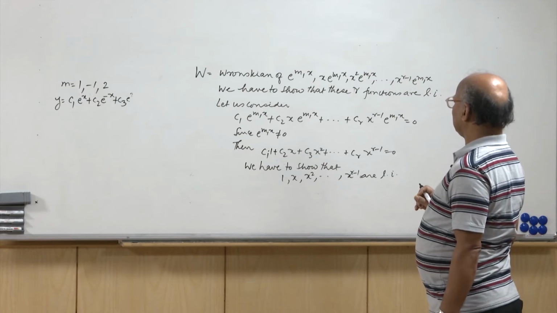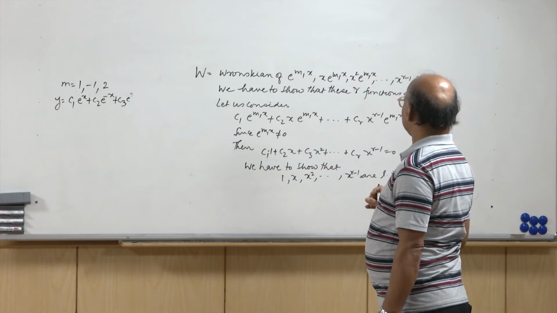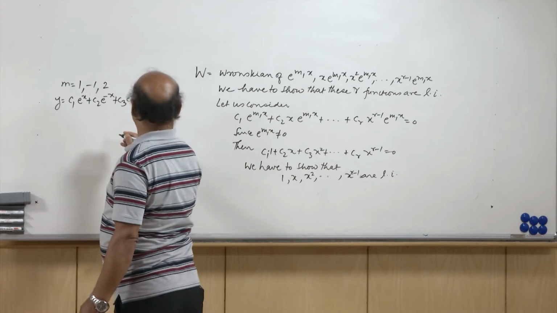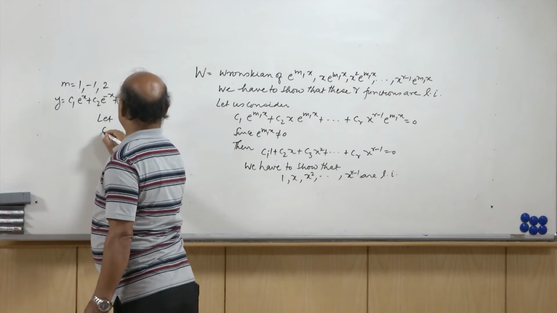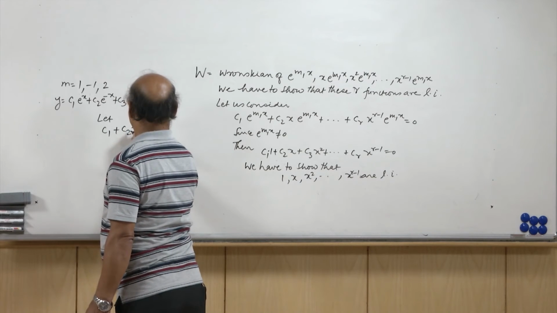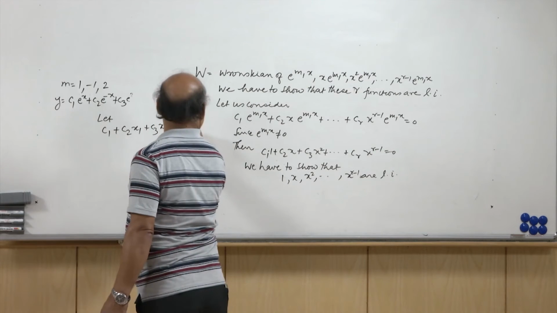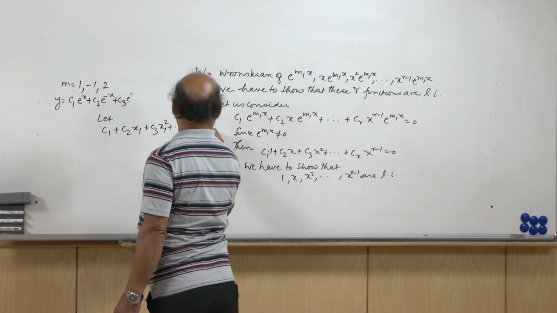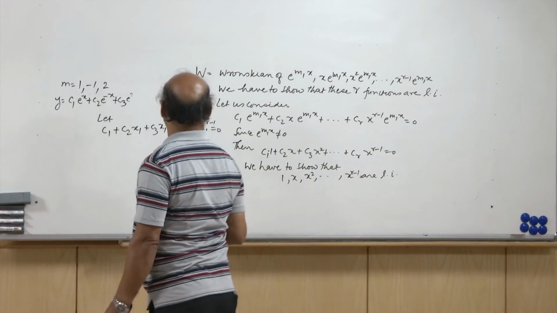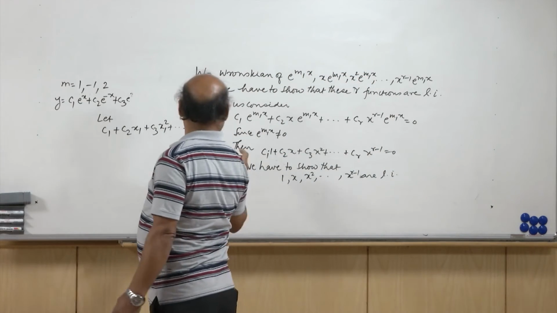So, let us take r distinct points x1, x2, up to xr which satisfy this equation. Then we shall have C1 plus C2 x1, plus C3 x1 square and so on, Cr x1 to the power r minus 1 equal to 0.